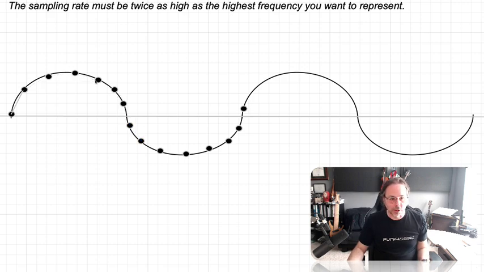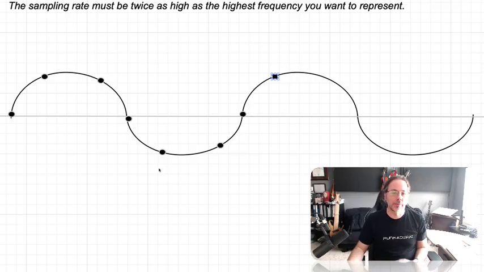Okay, so let's step back a little bit here now, and let's say that waveform is now moving much faster. Our sampling rate is only going to get it here, here, here, here, here, and here, let's say. Now we have much less information.